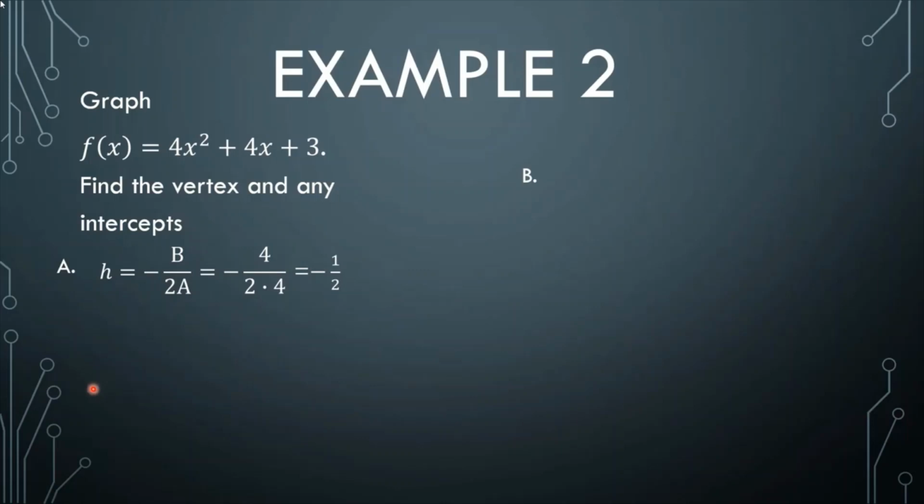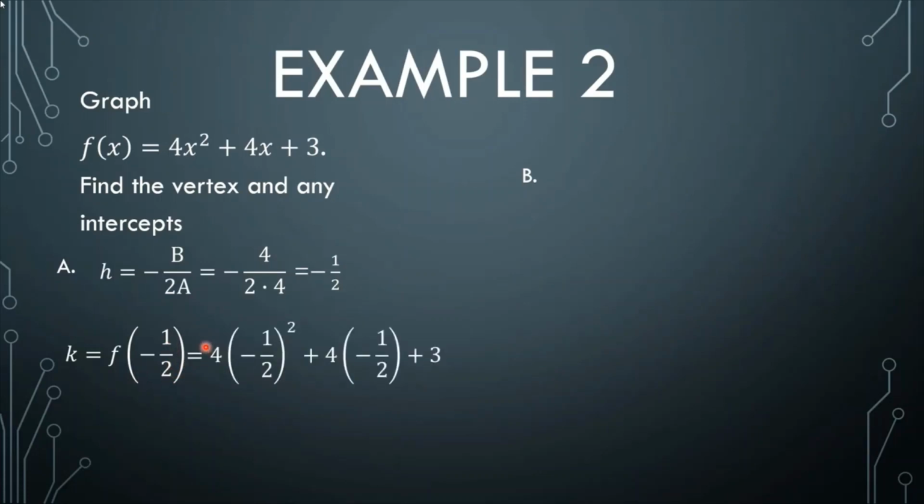Then you take negative 1/2 and you're going to plug it in. So that's what f of negative 1/2 stands for. You're just plugging it in. So where there's an x, I'm going to plug it in. So this is negative 1/2 squared. This is negative 1/2 and 3. And we're going to do order of operations here.